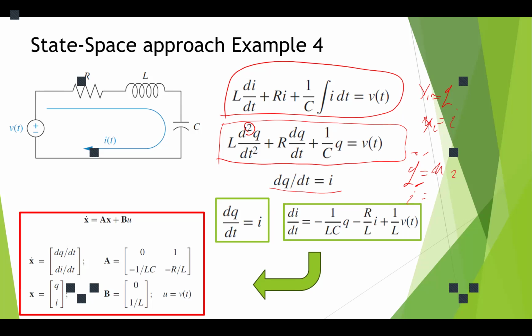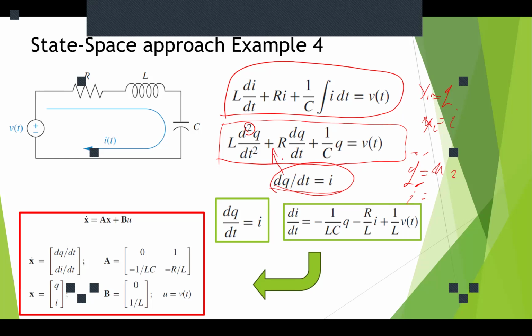We simply replace the definition in our original equation. So we rewrite our original equation, and instead of q double dot, now we have I dot. So this one is simply the differential of I based on our definition, correct?